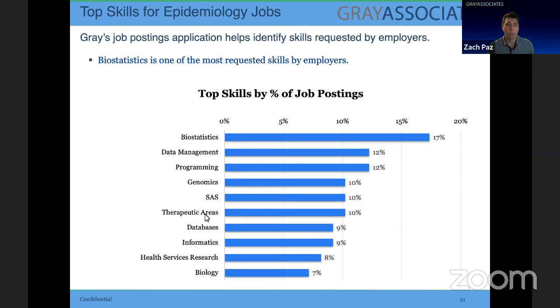I didn't know too much about the epidemiology program before doing this, and was actually surprised at how much it has to do with analytics and statistics, as well as understanding of programming and managing data and databases. So it's pretty interesting to see the top three all have to do with statistics and data management and programming.